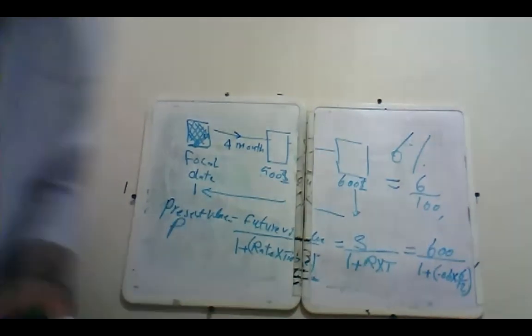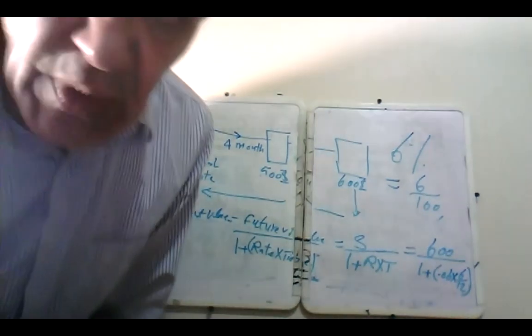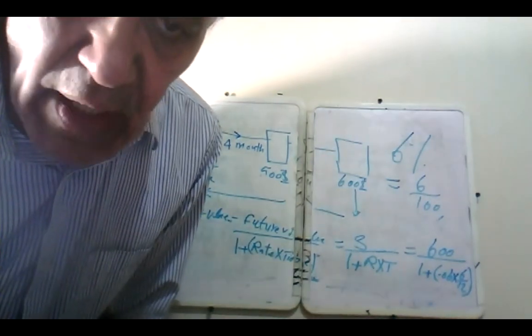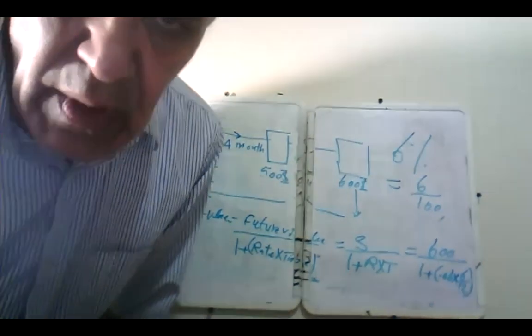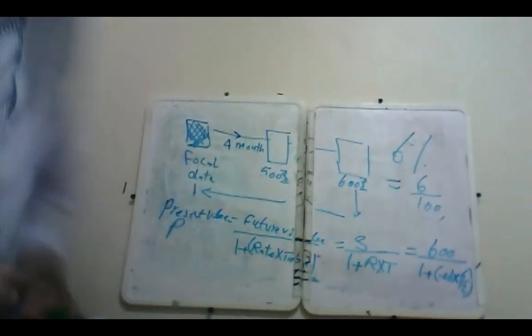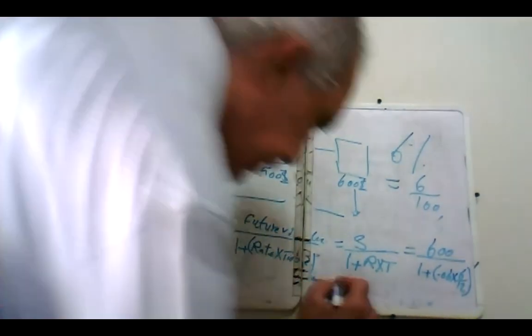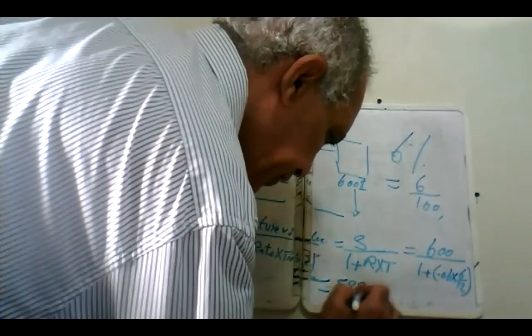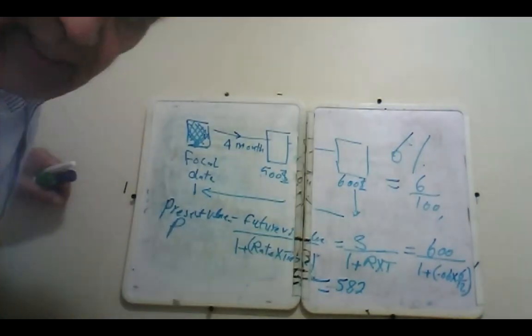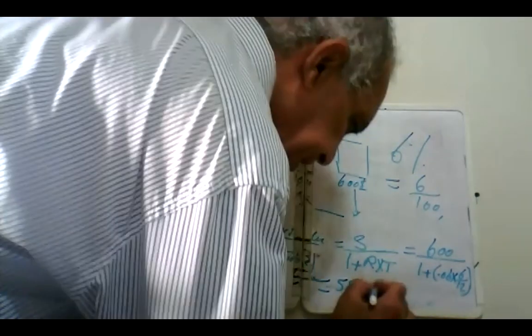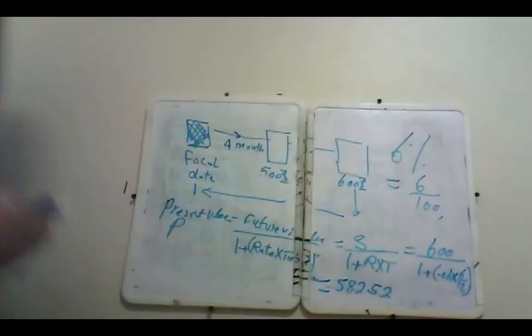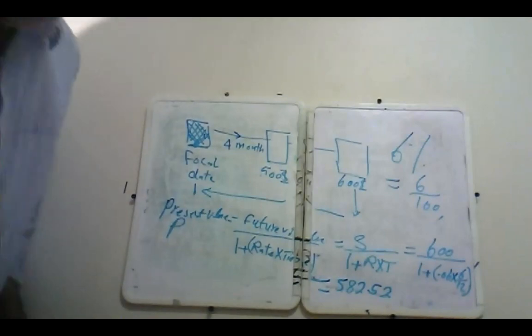So this will come to $582 plus 0.52 cents. What's the meaning of this?